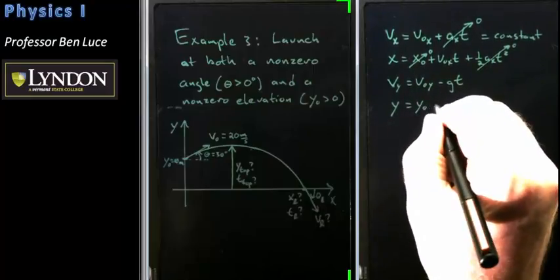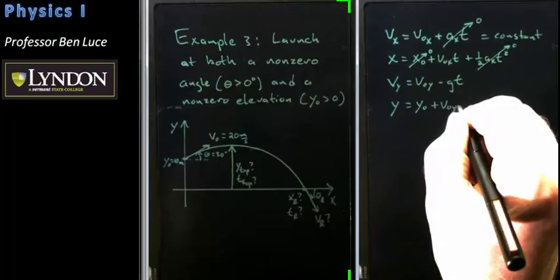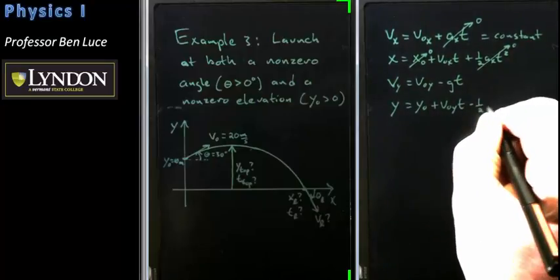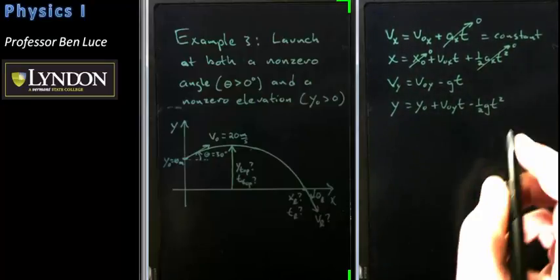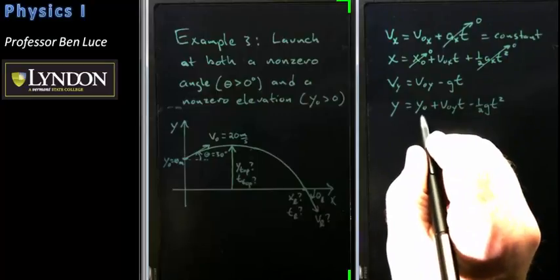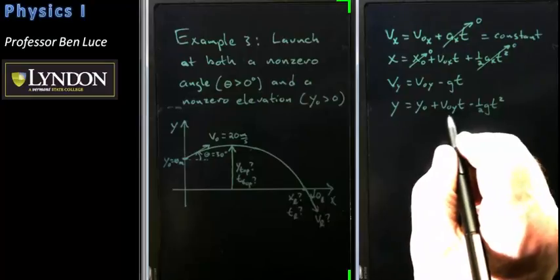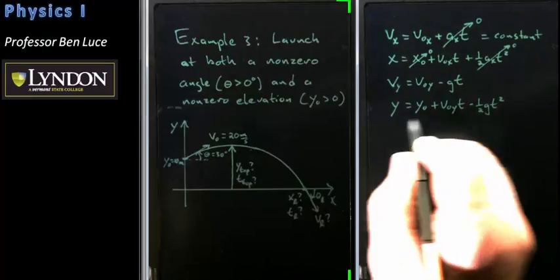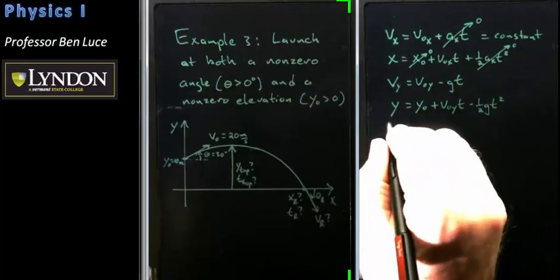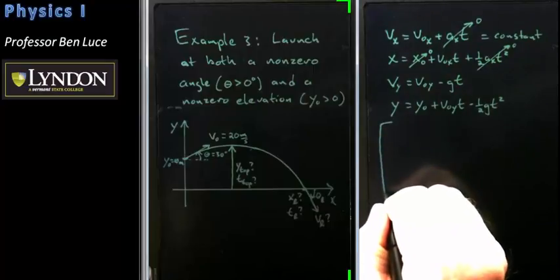And the y equation would be this. And here we're launching from a non-zero elevation, so we have to keep y naught, and v naught y is not 0, so we have to keep this entire equation. So let's rewrite the entire set again.